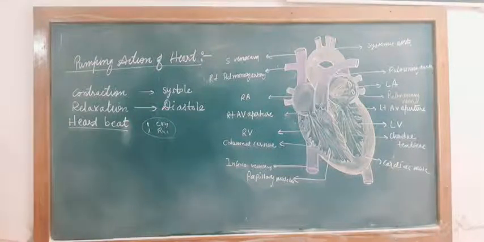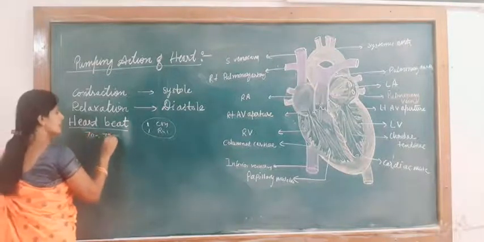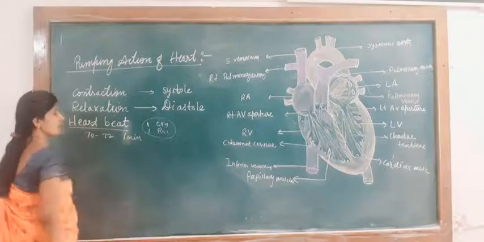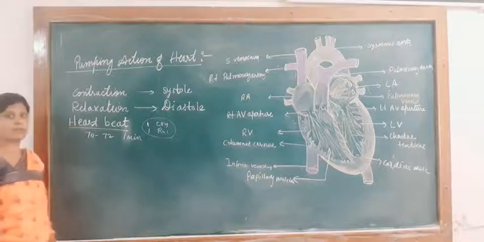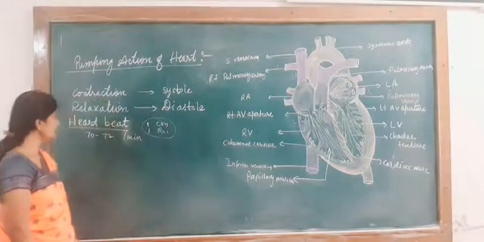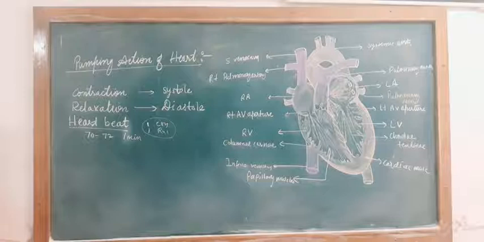How many times will our heart beat? In one minute, the heart beats 72 times in a normal person. The heart beating 72 times per minute is called heart rate.